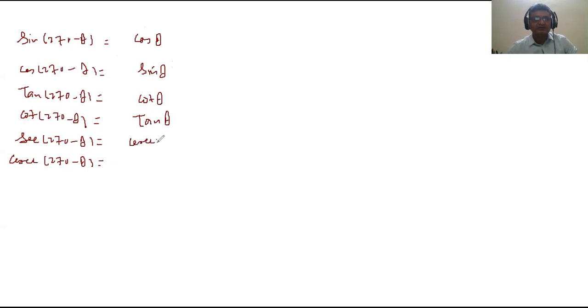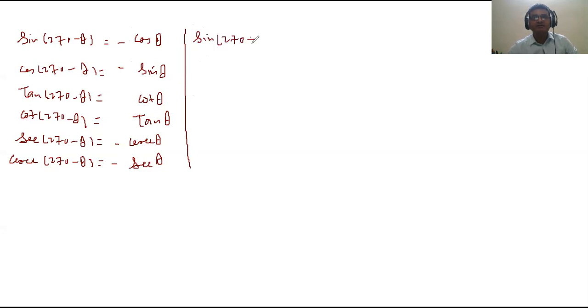This is going to be cosec theta. And this is going to be sec theta. Now we'll put the sign structure here depending upon the quadrant. Since it is in the third quadrant, only tan and cot are going to be positive and the rest are going to be negative. Right?